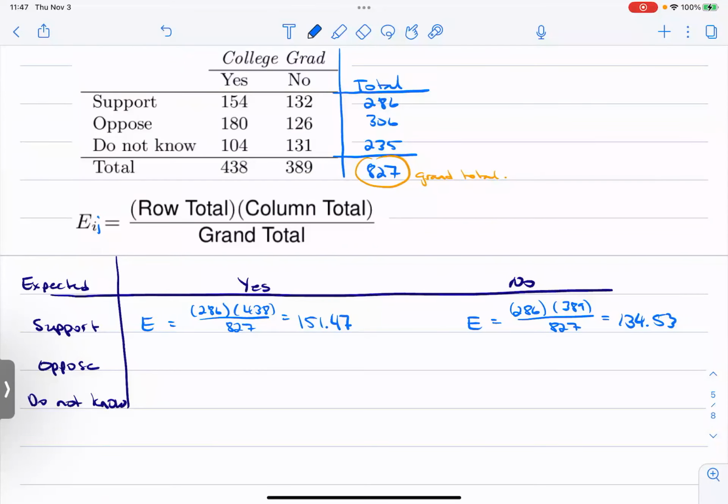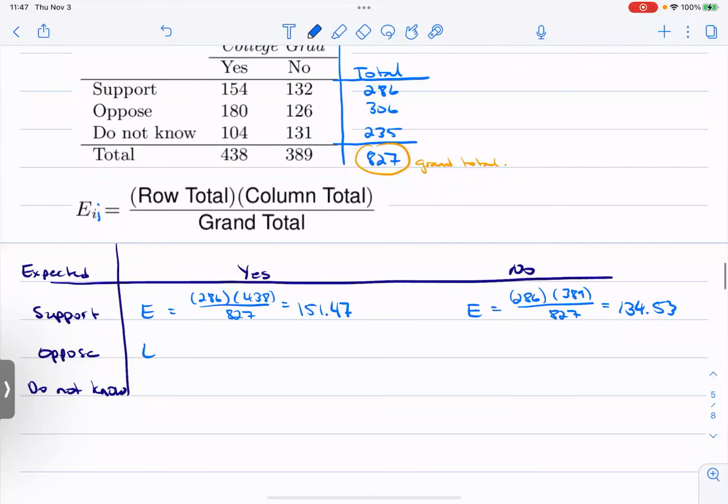That's a weird 3. Oh well. Moving on to the next row, 306 times 438 divided by 827, 162.07.